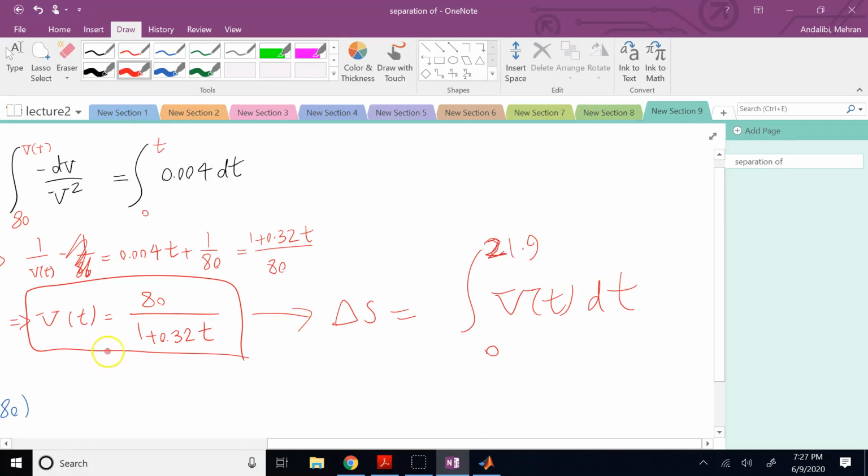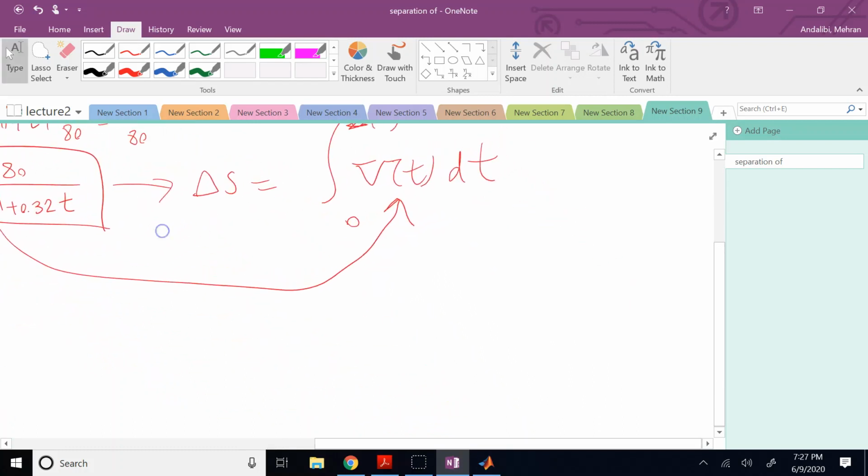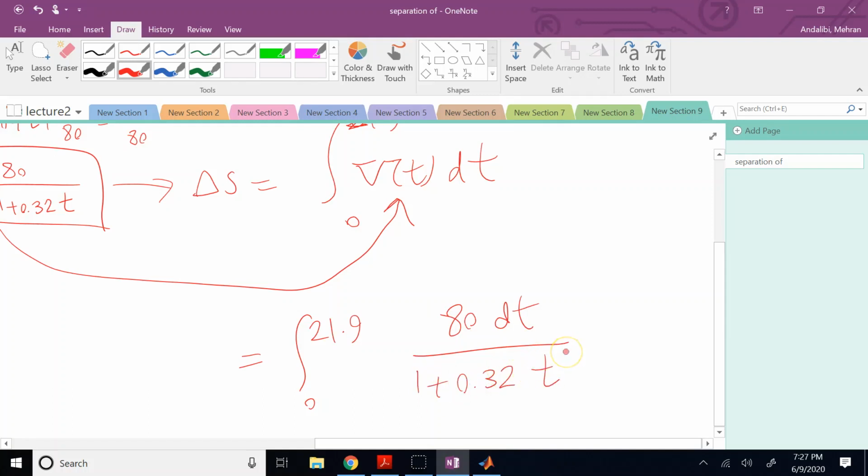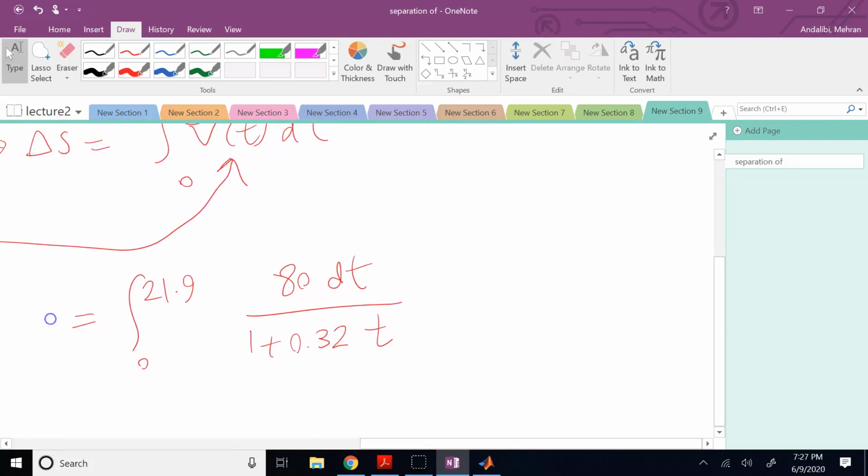And for v of t, you're going to plug in this function. So it is going to be integral from 0 to 21.9 of 80 dt over 1 plus 0.32 t. So you have to calculate this integral. And I bet you can.